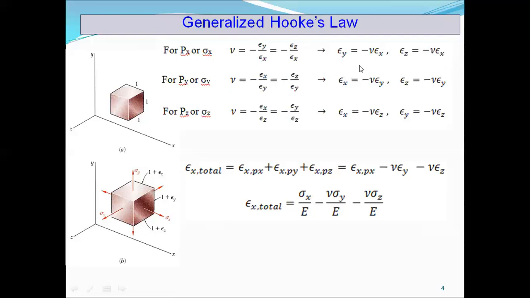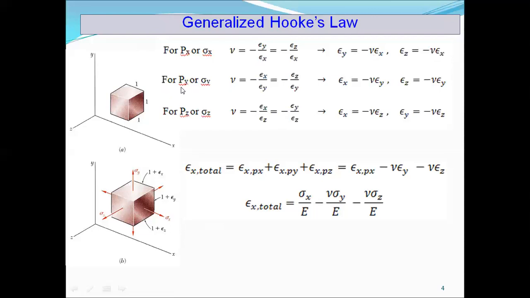So this is the strain along y direction because of load Px. Because of load Px or stress sigma x, the strain in x direction is epsilon x, whereas the strain because of this loading along y direction, that is epsilon y, is equal to minus mu times epsilon x, and the strain along z direction is minus mu epsilon x.